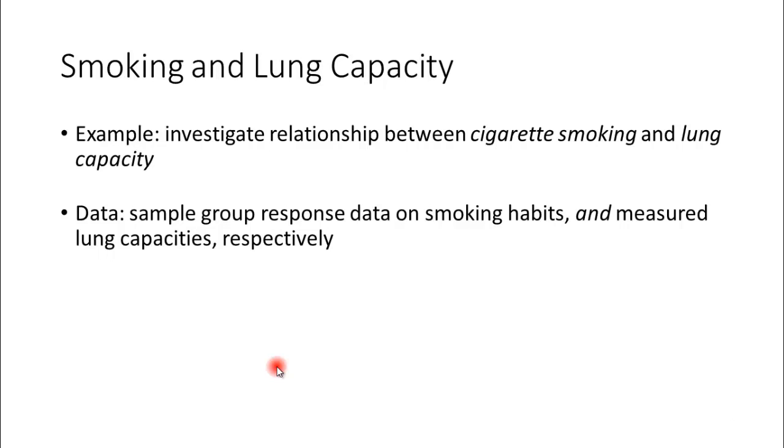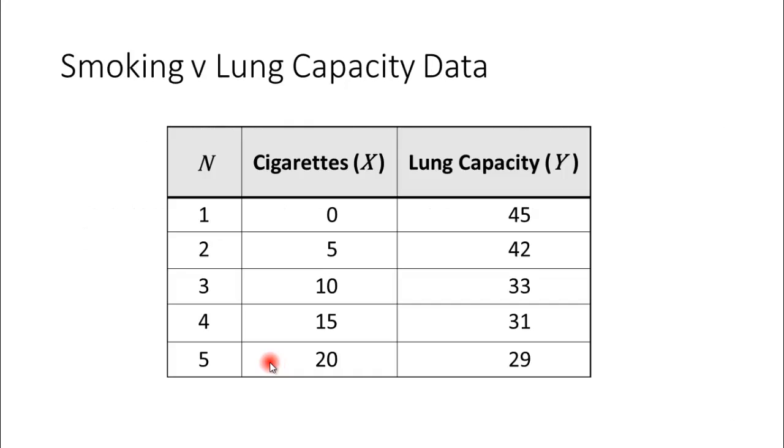We would like to investigate the relationship between cigarette smoking and lung capacity, using sample data from smoking habits and measured lung capacity. There are 5 observations: a person having 0 cigarettes can breathe 45 times, and a person having 20 cigarettes can breathe 29 times in a minute. That's the lung capacity and cigarette data. We'll quickly see how it is relevant from the covariance standpoint.